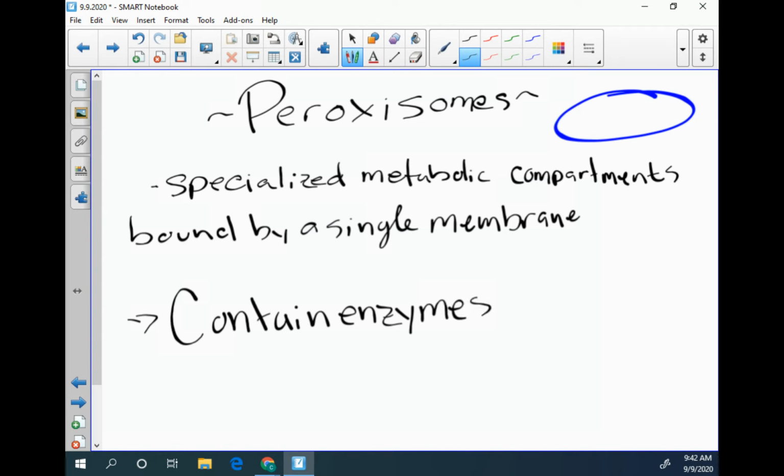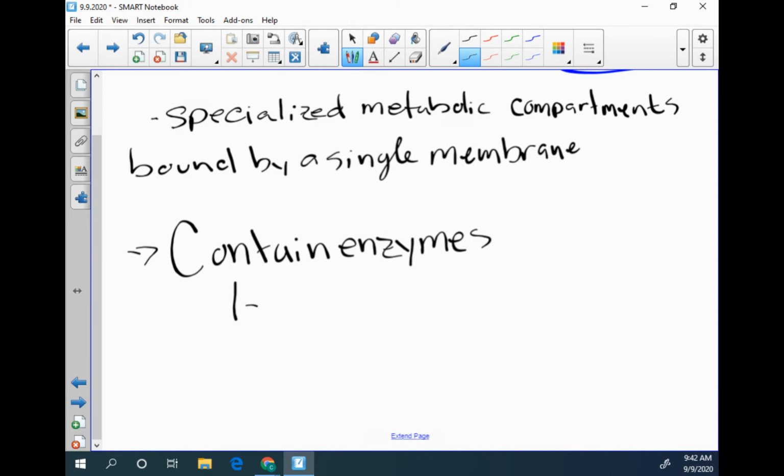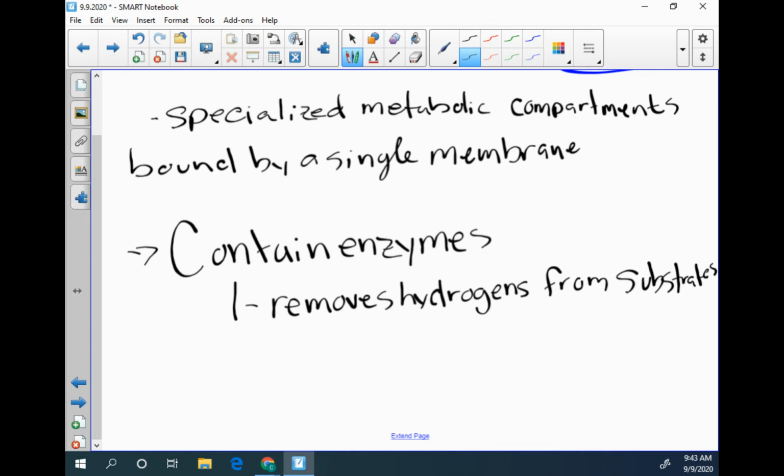Two main ones that we're going to talk about. One of them removes hydrogens from substrates and transfers them to oxygen, which gives us hydrogen peroxide.